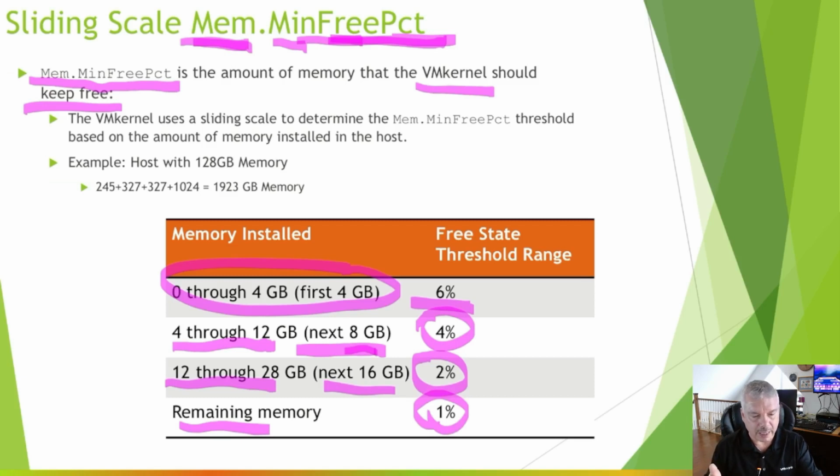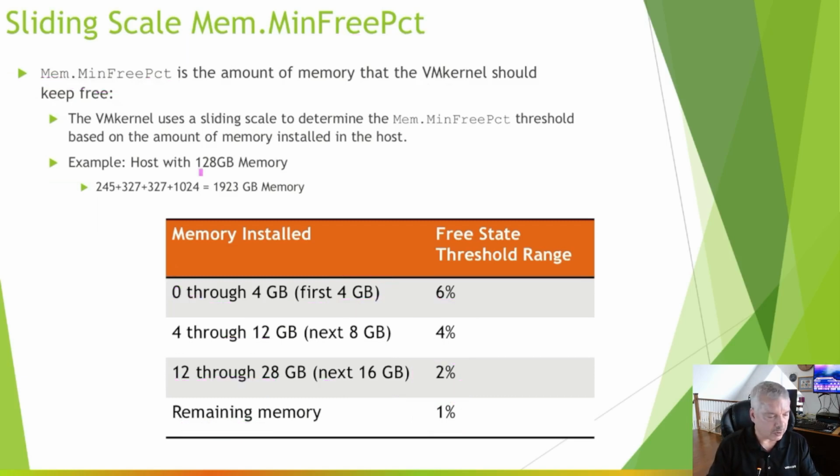So I got a little example here. Let's say I got a host that has 128 gigs of memory. So the first 4 gig is 6%, so that's about 245 megs. And then after that, the next 8 gig goes up to 12, so that'll be 8 times 4%, right? So that's 327.